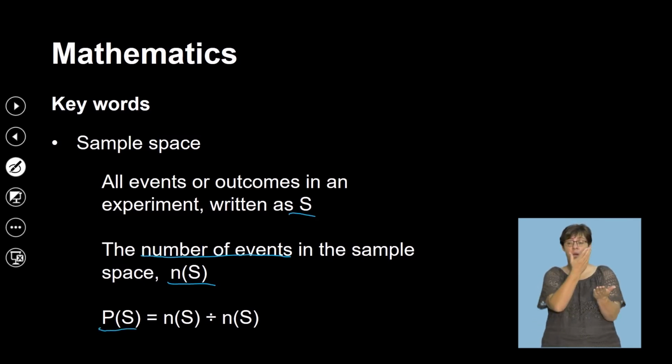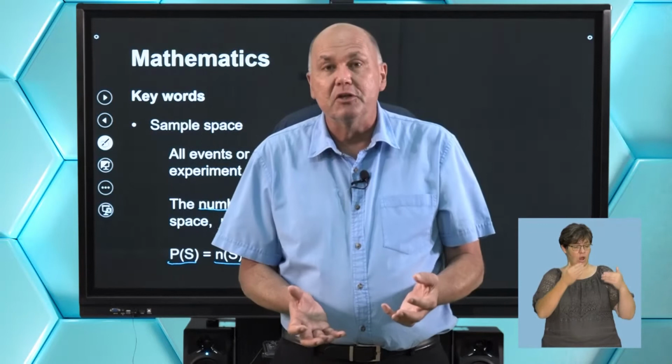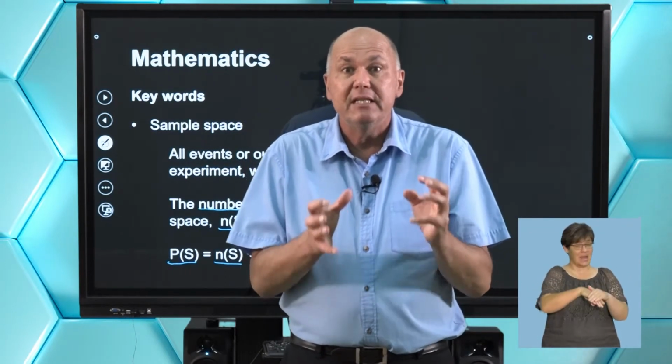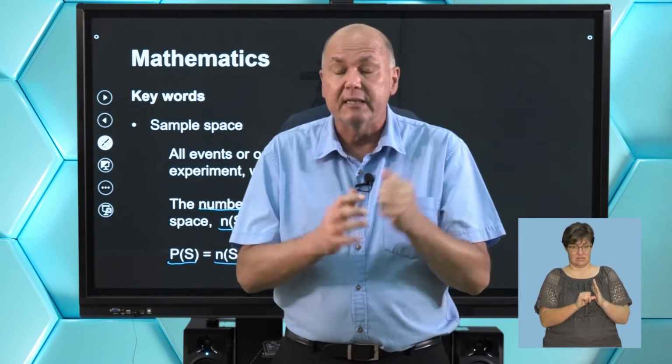The probability of something taking place in the sample space is the number in the sample space divided by the number in the sample space, and that's equal to 1, which tells us that whenever we've got an experiment and we don't make any restrictions, the maximum probability is 1. We know for certain it's going to happen. So whenever you see a probability of 1, you know you can be 100% sure. And that's a very important relationship. We're going to use it a little later.